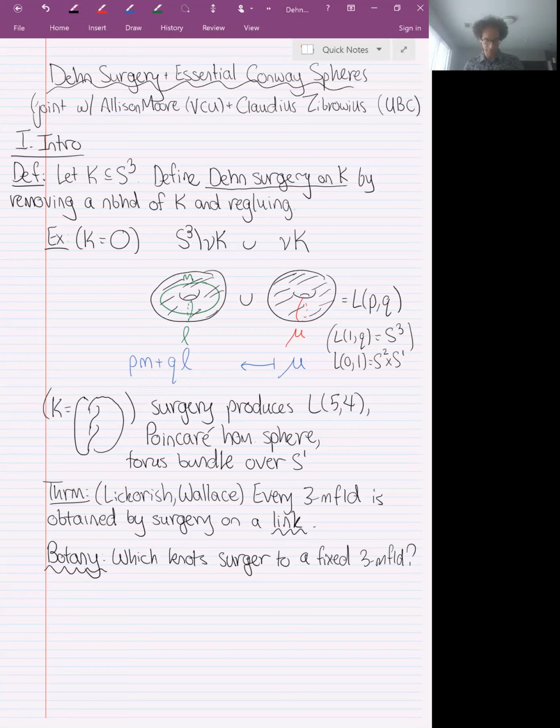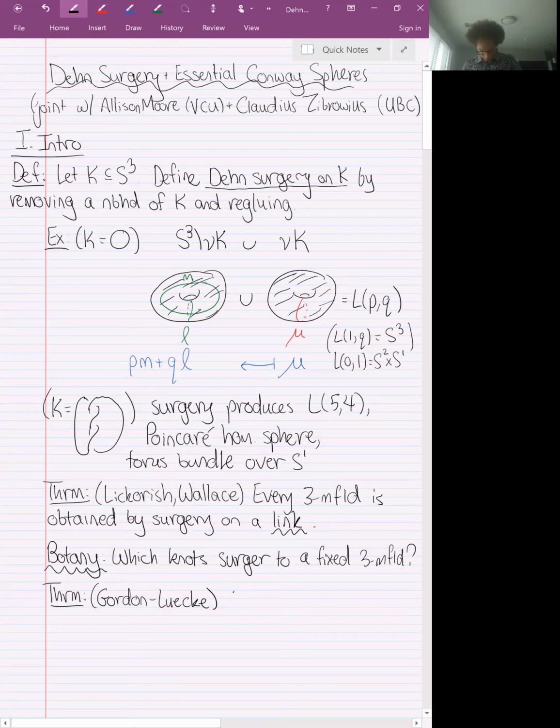So I'm going to start with one of the most well-known theorems in the area, due to Gordon and Luecke, that in some sense gives a unique description of S3.